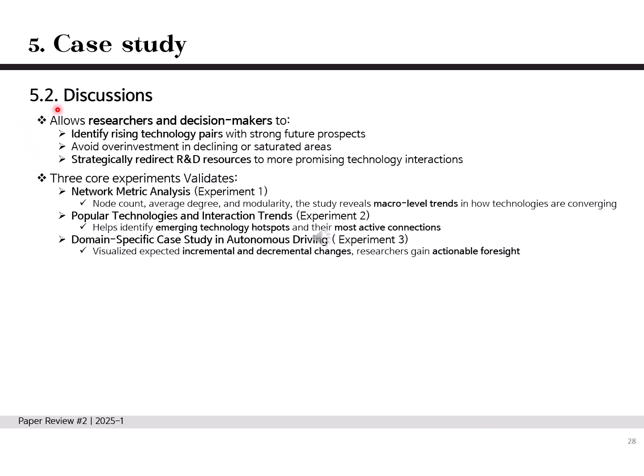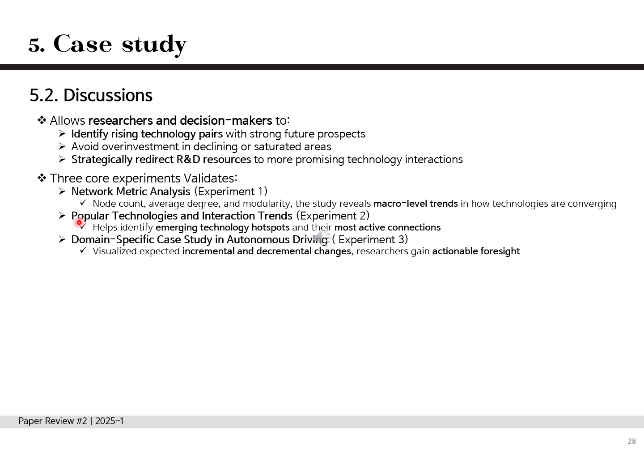As for the case study discussion, it allows researchers and decision makers to identify rising technological pairs or strategically redirect R&D resources. The three core experiments validate that the network metric analysis reveals macro-level trends in how technologies are converging.